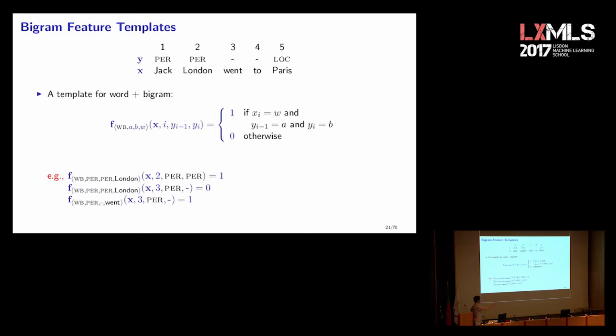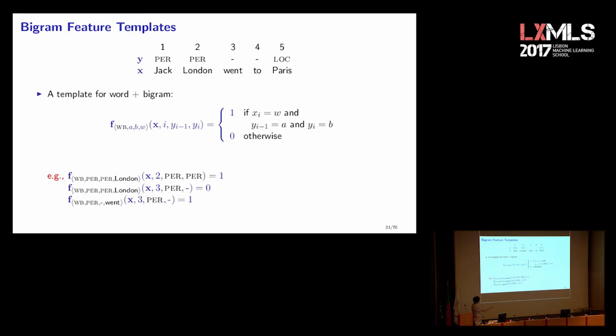So it's going to be clear that with this expressivity, I'm going to be able to have features that say, if my current word is London, and my two labels that sit on top of this with an offset are person, okay, this template could be instantiated like that.